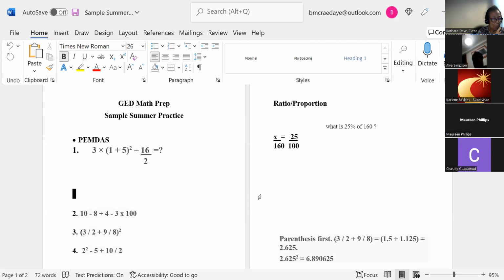What I have on my phone here is currency first. I don't know if I'm on the right track with you. Are you on the sample summer practice? I see one you sent here that you say currency first, and it's in a bracket. 3 divided by 2. That's the one you're saying.